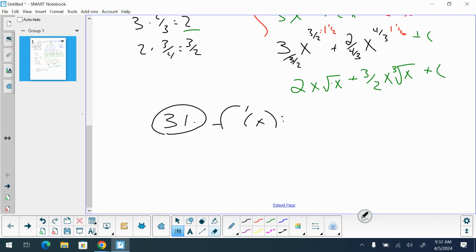What I tend to do as I'm recopying the problem onto my paper is put the radical into exponential form. So I have square root of x, put it in as x to the 1/2 power. And then we're given f at 4 is 25.